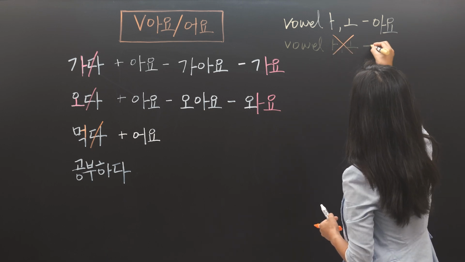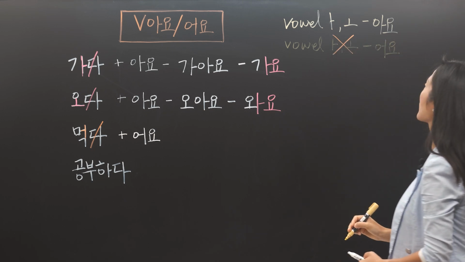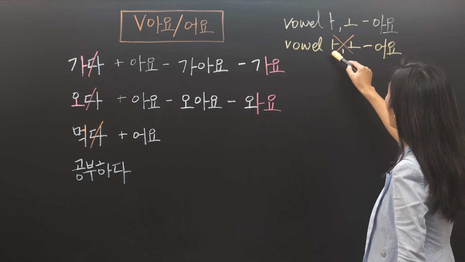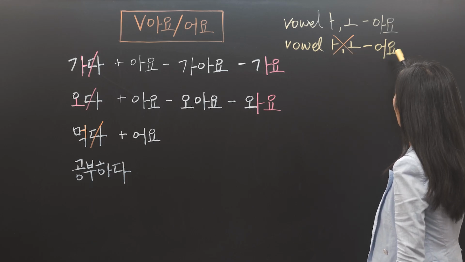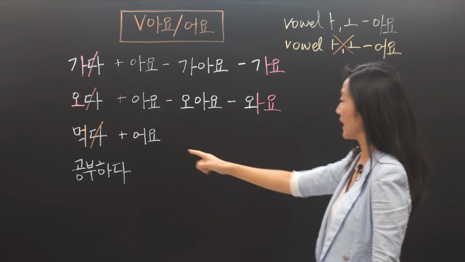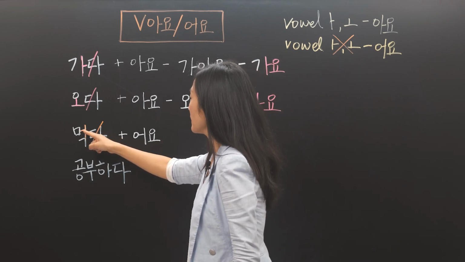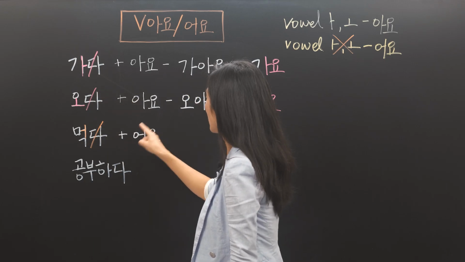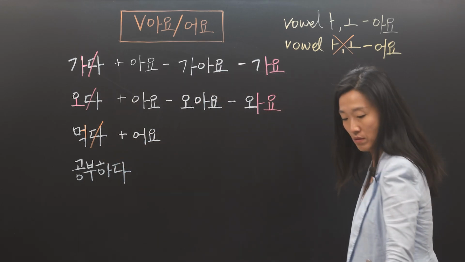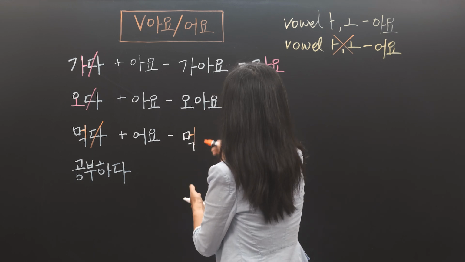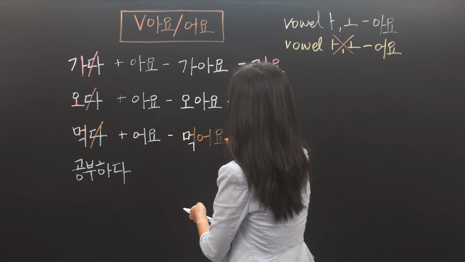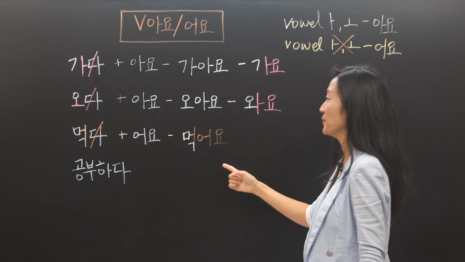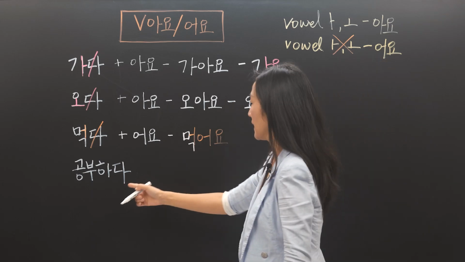Then we add 어요. So 먹다. The last vowel is not a, it's not o. So we add 어요. 먹어요. Finish. 먹다, 먹어요.